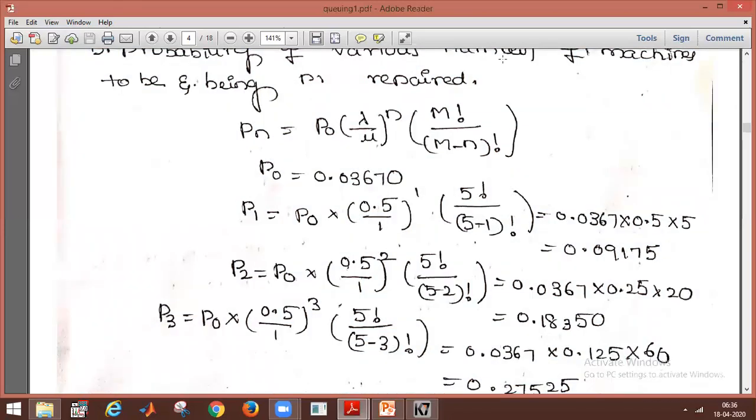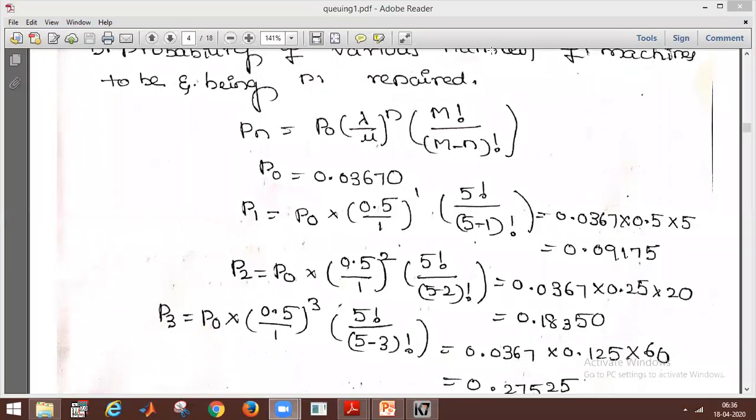Okay, so we have to calculate P naught. P naught is 0.03670. Already we have to calculate these values.